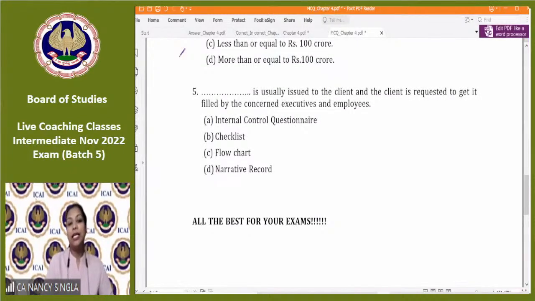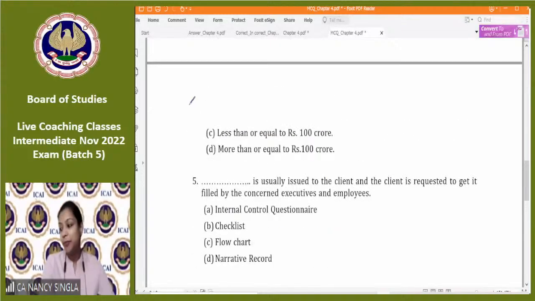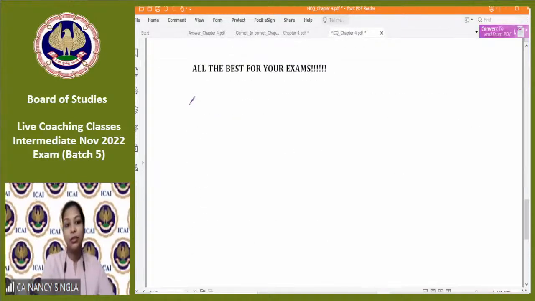Question 5: a dash is usually issued to the client and the client is requested to get it filled by the concerned executive or employees. So what is the correct answer?